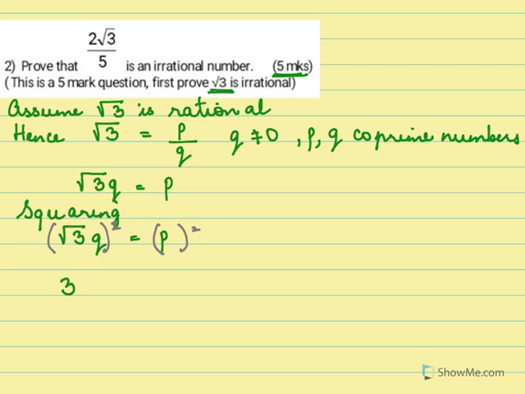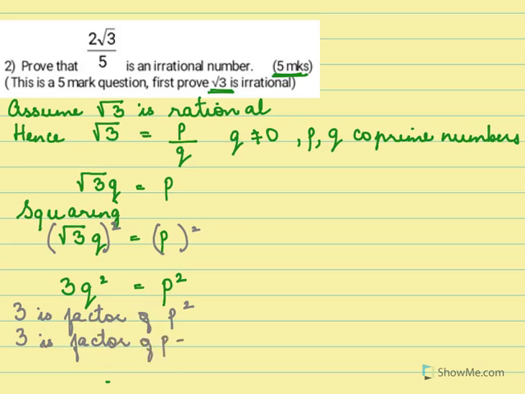So here we get 3Q square equal to P square. So in the next we write 3 is a factor of P square. So 3 is a factor of P. This is by theorem.